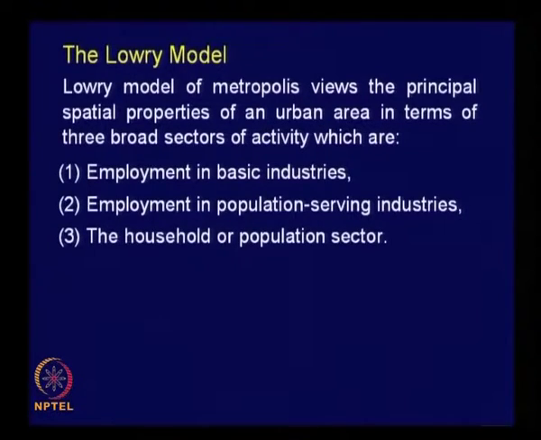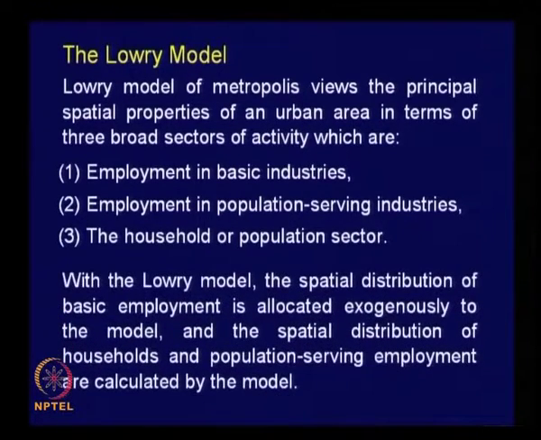So, that is how Lowry just considered the spatial distribution of all activities into 3 basic aspects, is not it? And we also know now at this stage, as per Lowry's model, the spatial distribution of basic employment is allocated exogenously to the model.